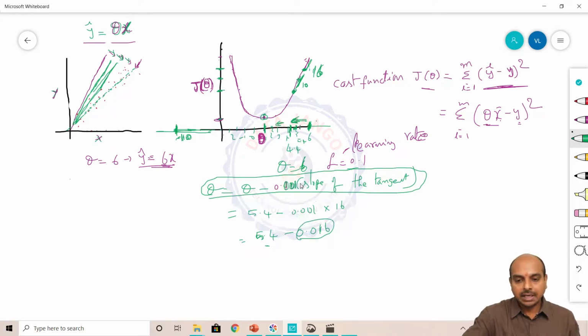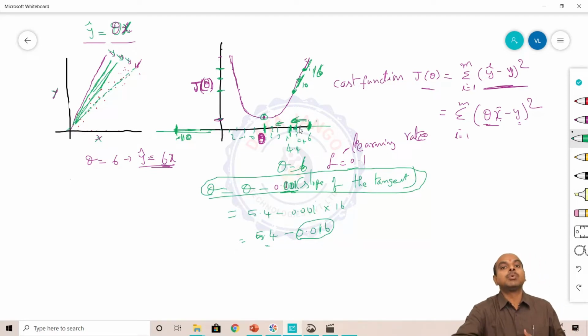So if your alpha is too small, what happens? Instead of making a step from 6 to 5.5 and 5.5 to 4.5, it will move from 6 to 5.9, maybe 5.98, maybe 5.99, and then 5.98, 5.97, 5.96. It is going to take more iterations or more steps.